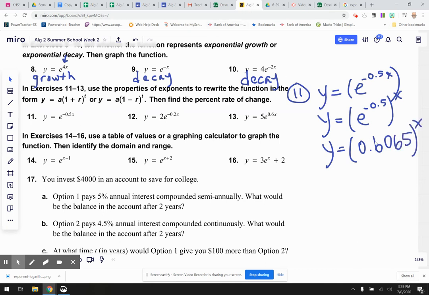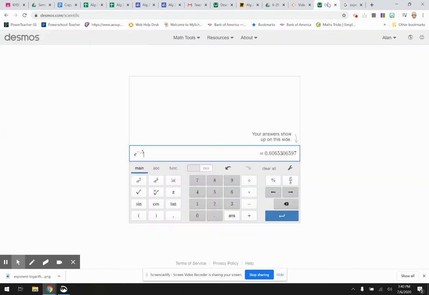Now, how much below 0 is that? So we're actually going to be using this second function because we know it's below 0. This 0.6065 is less than 1. Or not below 0, less than 1, sorry. It's below 1. So how much below 1 is it? So we're going to take this answer and subtract 1. Oh, wait, no, we don't want that. Sorry. Let's clear all.